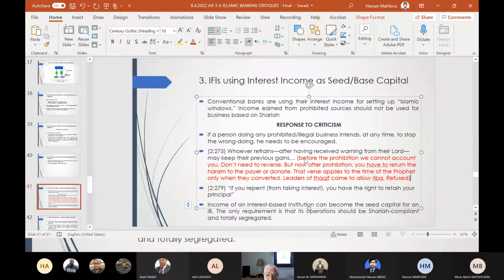Now, Mirza, please check in the Sharia standard of musharaka, about establishing a company. There is a clause there by AAOIFI that says rightly, and I fully agree with it, that we don't ask what are the sources of your funds, unless, of course, the law requires that, then we ask.